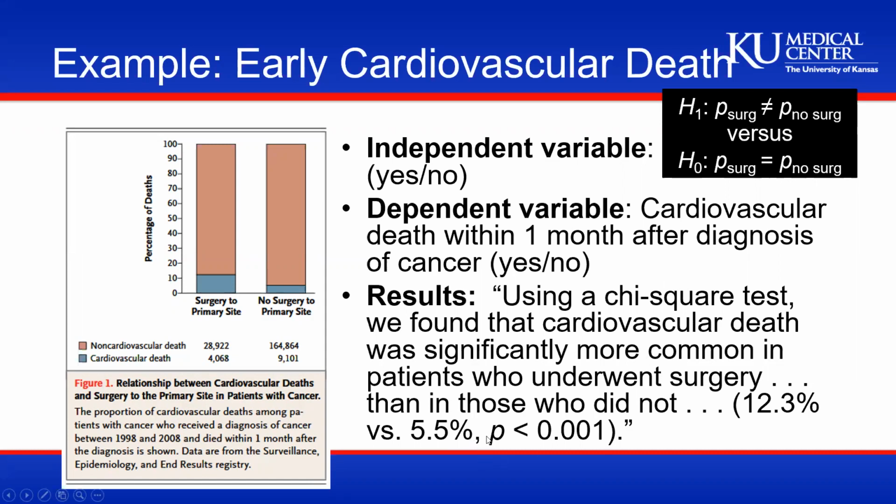What is the problem, though? It is true that it was significantly more common in patients who underwent surgery based on this data. Are they saying that surgery is causing an increased risk of cardiovascular death? They very clearly don't say that here, and we should not interpret it that way. Why? This is not a causal study.